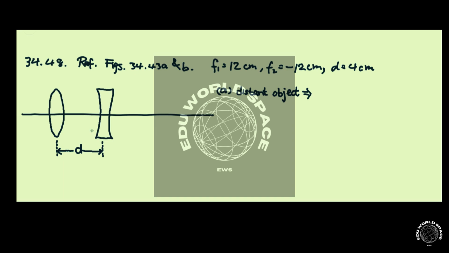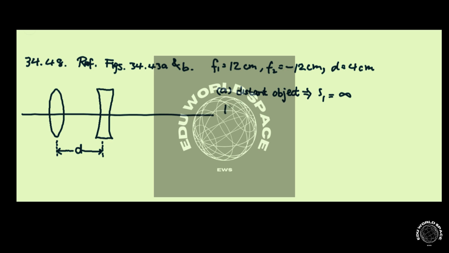In part A, we're asked to find the image of the converging lens, which will serve as the object for the diverging lens. We're also told that the actual object S1 is a distant object, so S1 is out at infinity, very far away.